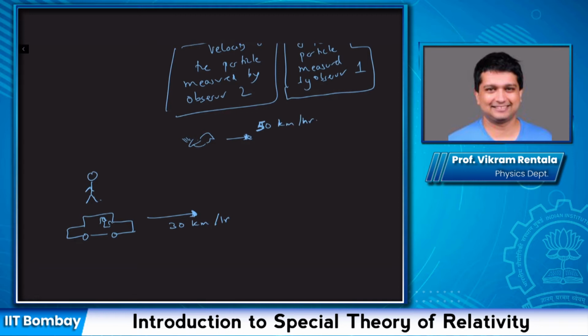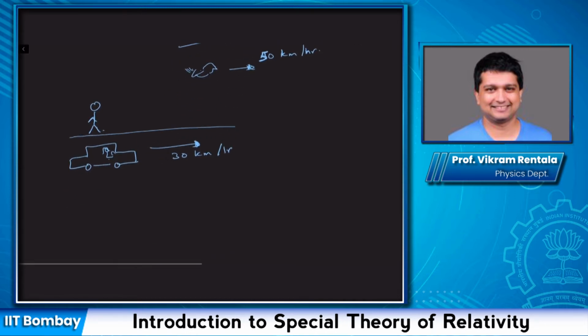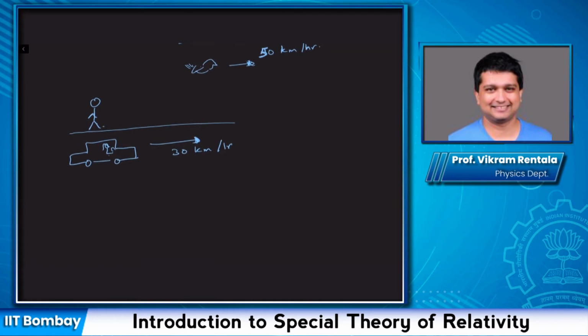Okay, so relative to you, you're on the surface of the earth and you see this bird moving at 50 kilometers per hour. What you want to know is what your friend would measure to be the bird's speed relative to themselves. So in this case, you're observer 1, the person in the car, your friend, is observer 2, and the speed as measured by you is 50 kilometers per hour.